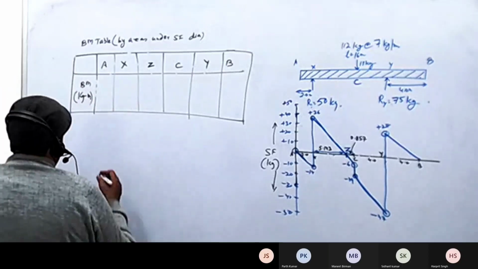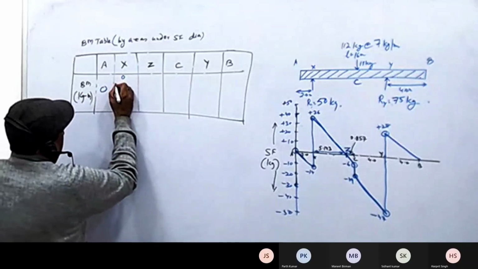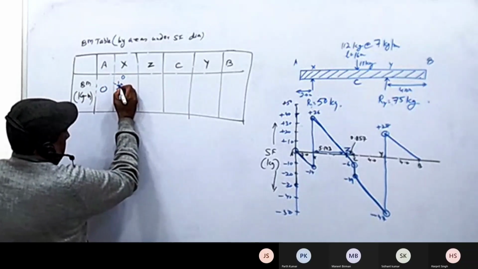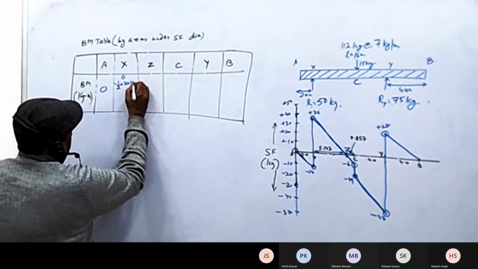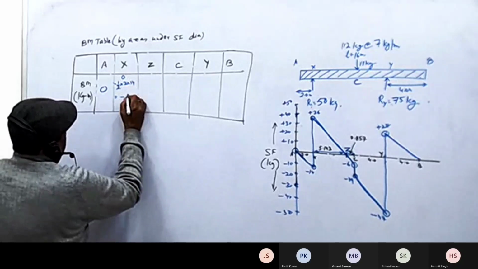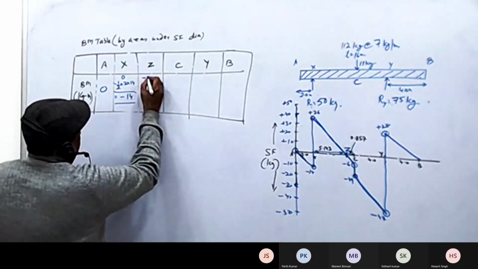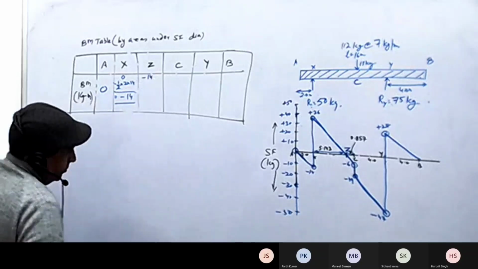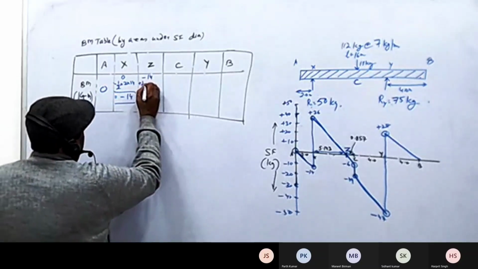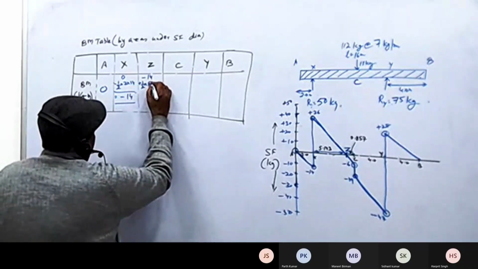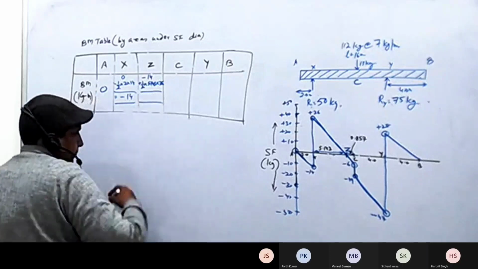So this will be 0. This will be 0 minus half into base into height is minus 14. I carry forward this minus 14. Then we have plus half base 5.143 into 36.